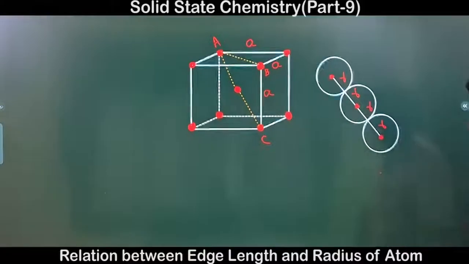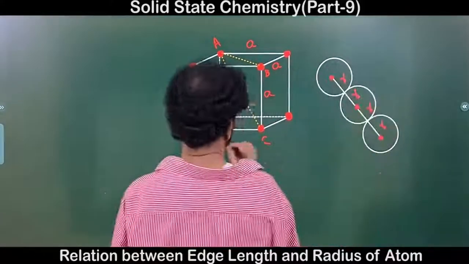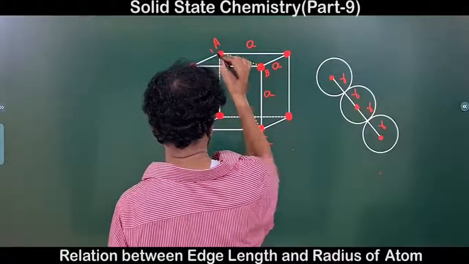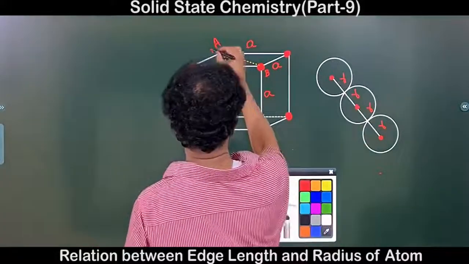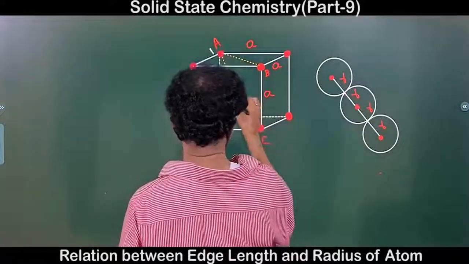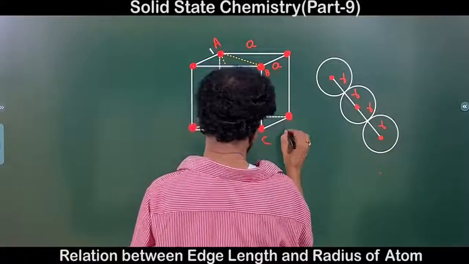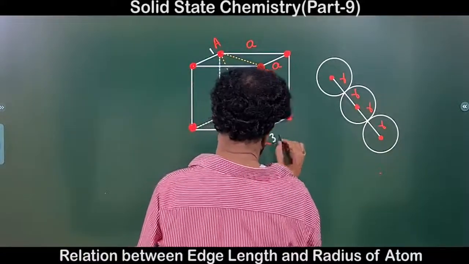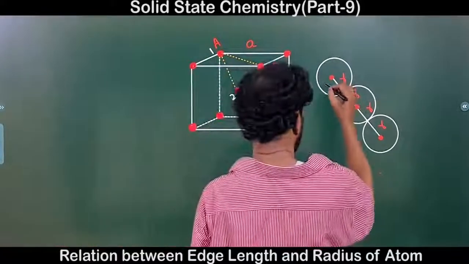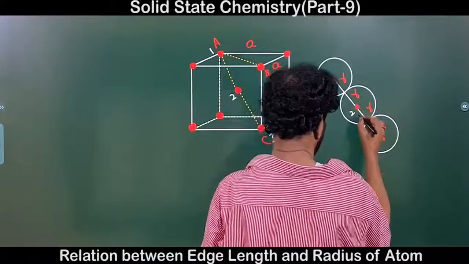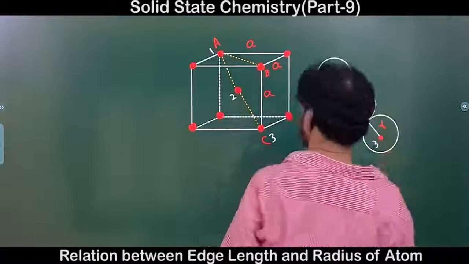So say that this is atom 1, the body center atom is 2, and this atom is 3. This is 1 for your understanding, this is 2, this is 3.